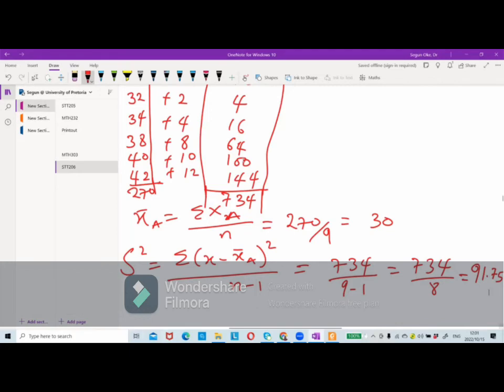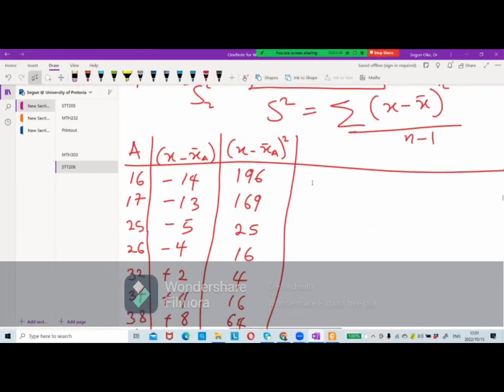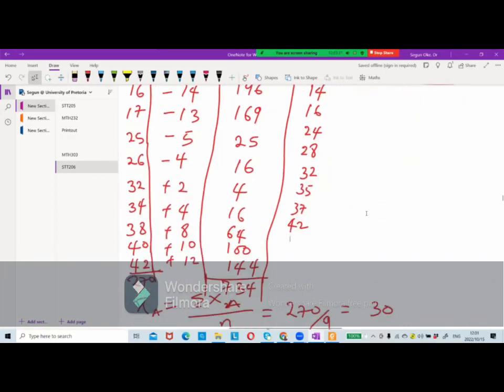Good. Now, every one of us will do the same thing for B. Can we call the B values for me? The second population: 14, 16, 24, 28, 32, 35, 37, 42, 43, 45, 47.